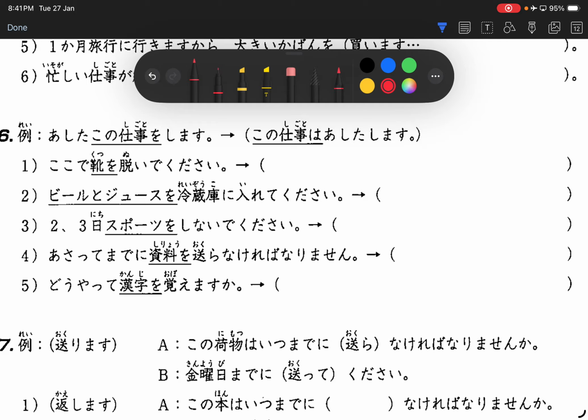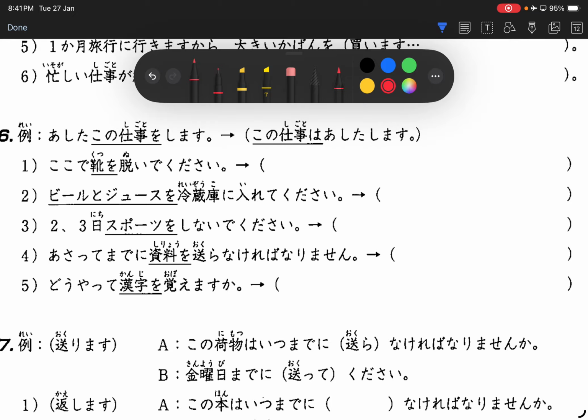I would say 冷蔵庫にビールとジュースを入れます。I just change 入れてください back to 入れます。Okay, then number 3. 2日3日スポーツをしないでください。So スポーツは... what is this? You don't do sports for 2-3 days. I don't understand what they're trying to say here.